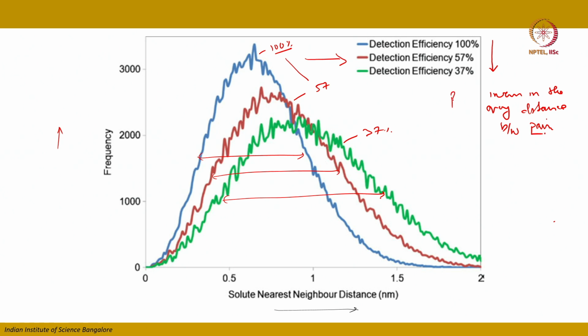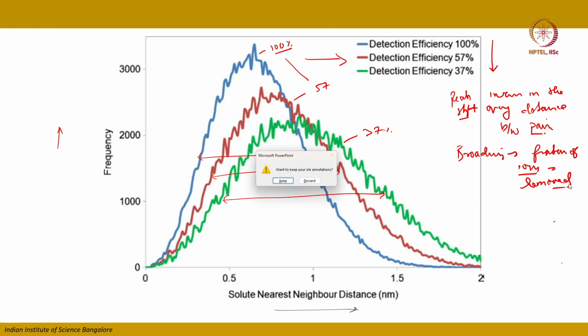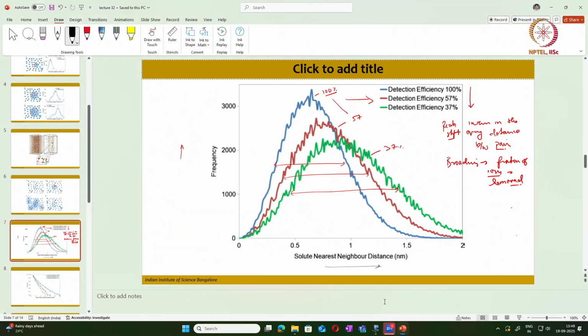Next, the broadening or widening is caused by a fraction of ions or atoms being removed, due to which there will be an effect in the solute nearest neighbor analysis or the frequency distribution.